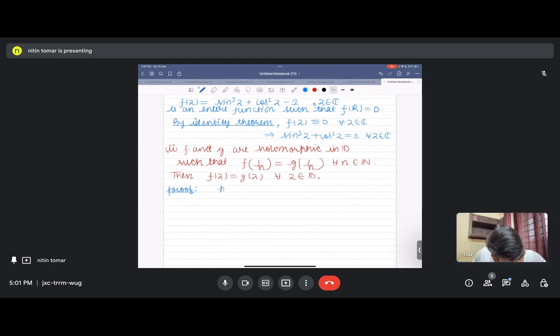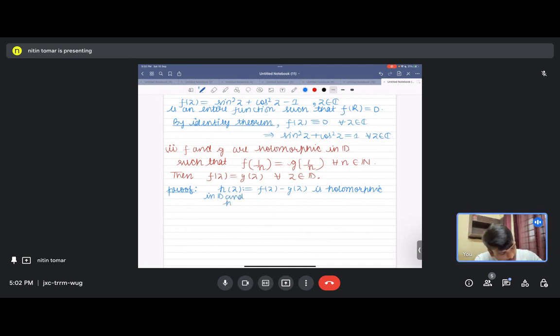Okay, so D is a domain, first of all. And you define h(z) to be f(z) minus g(z). What can you say about this function? Can I say that this is holomorphic in D? Yes, because it is a difference of two holomorphic functions, right?